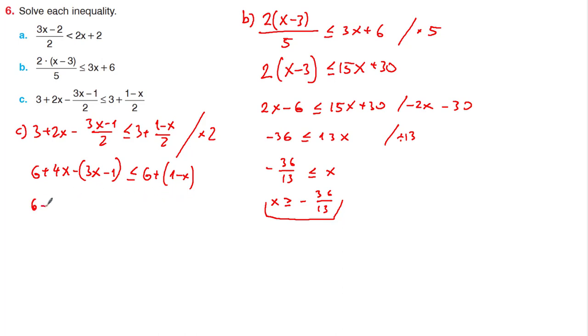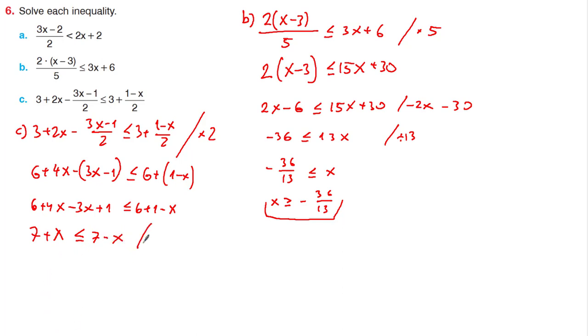Alright, so we get 6 plus 4x negative times 3x, that's negative 3x. Negative times positive, negative 1 makes positive 1, is less than 6 plus 1 minus x. We can collect some like terms. 6 and 1 makes 7, 4x minus 3x. 4x minus 3x is just plus x is less than 7 minus x.